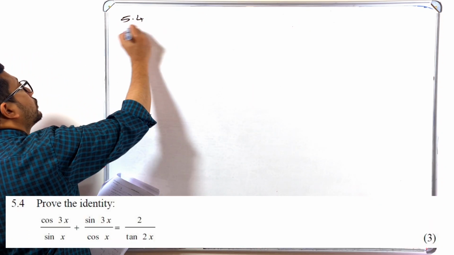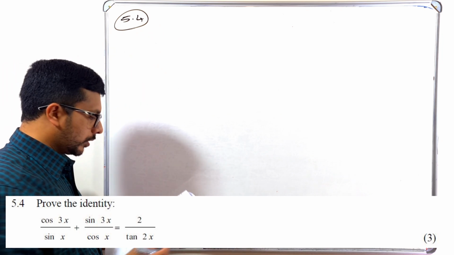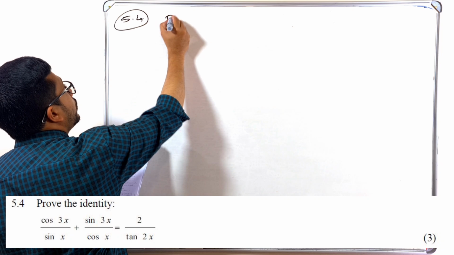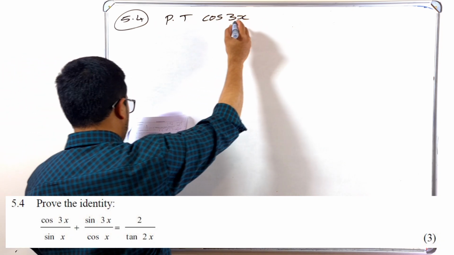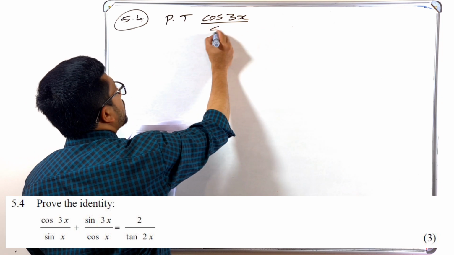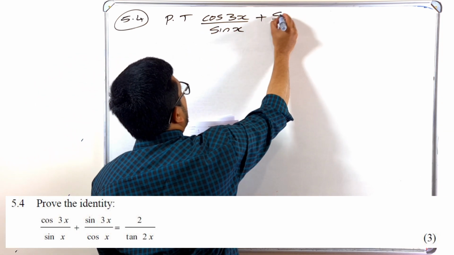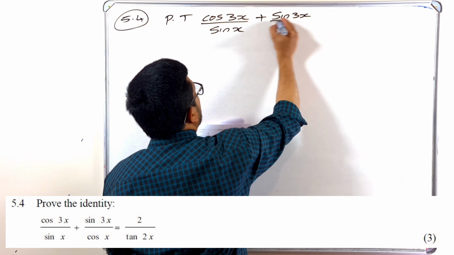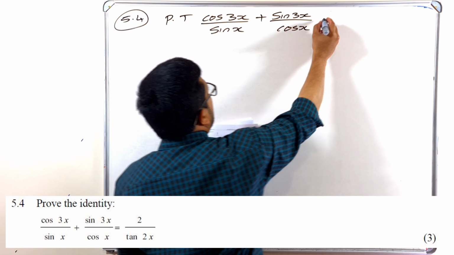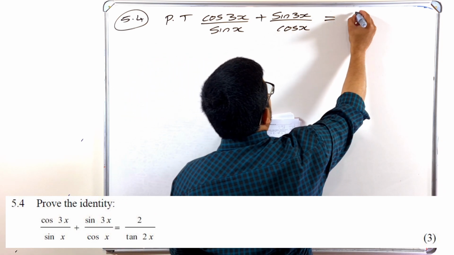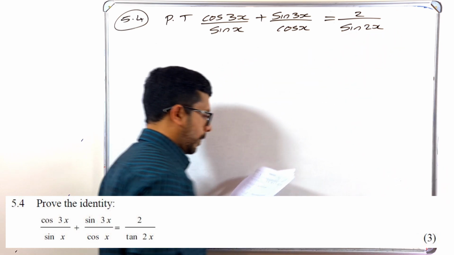What is that question? Prove the identity: cos 3x divided by sin x plus sin 3x divided by cos x is equal to 2 divided by sin 2x.